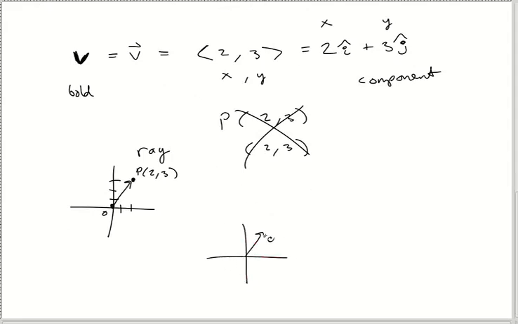This is my vector right here, while this is the point. We can draw them on top of one another, but the vector is that arrow, that motion going out towards whatever coordinate you're thinking of, while the point is just a solid dot at that coordinate.